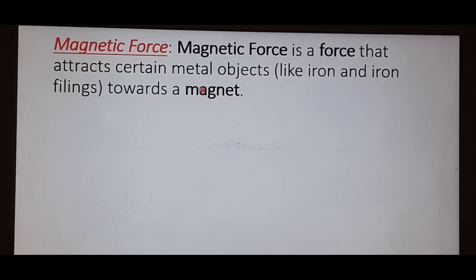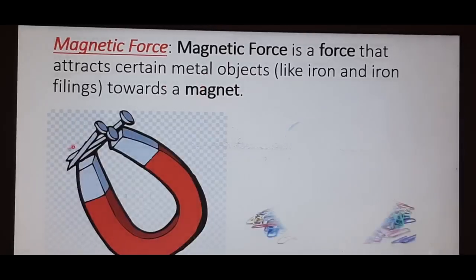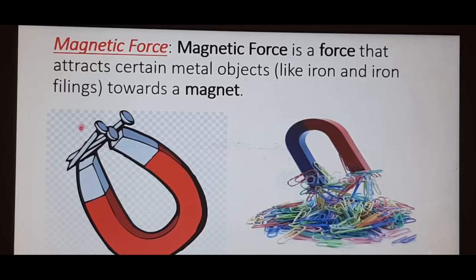You have observed, if you have seen a magnet, that a magnet will always attract iron pieces towards it. See, this is a magnet and it is attracting these iron nails. This is a magnet and it is attracting these paper clips which are made up of iron. So a magnet will always attract iron.